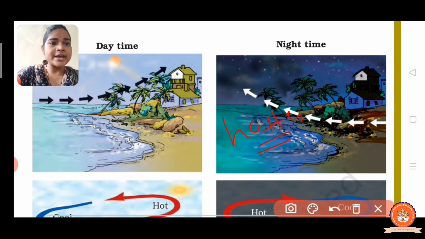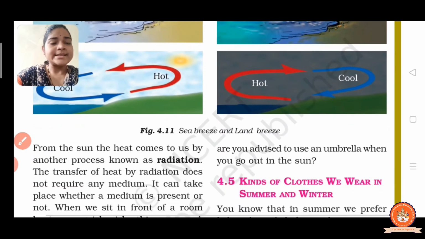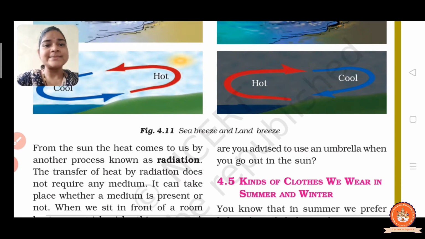That's why the hotter air rises and the cooler air rushes towards the sea. This completes the cycle. As a result, land breeze happens.